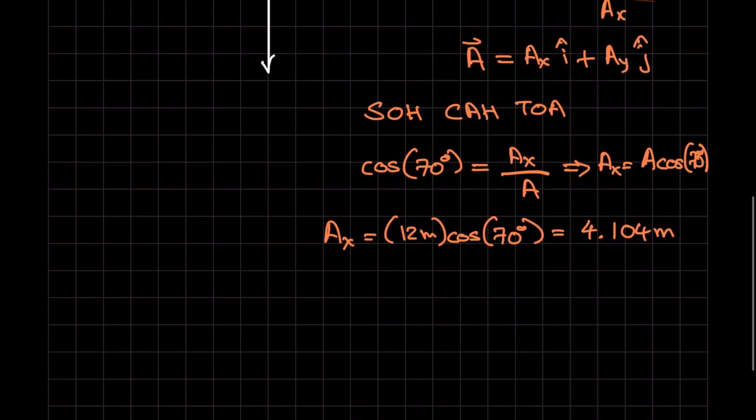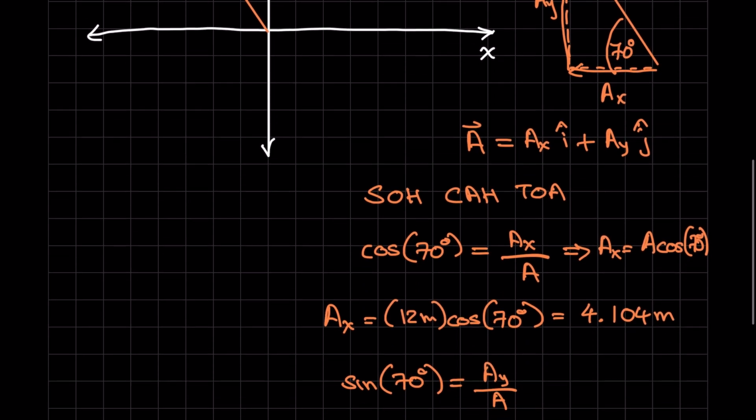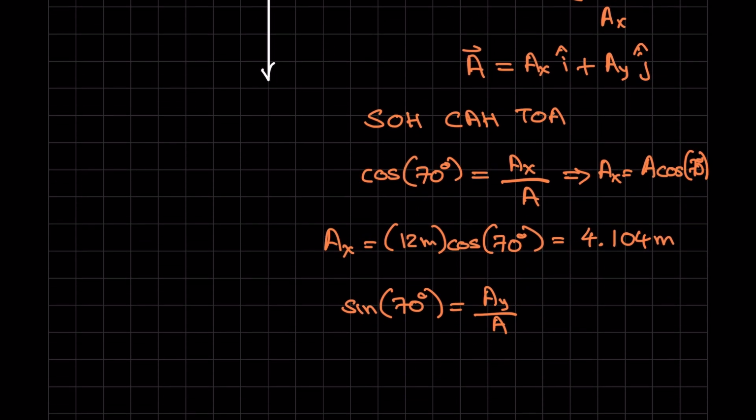So we found one component of this vector. We can find the other component, the ay component, using sine of the angle. Sine of 70 degrees is equal to ay over A. For this angle, opposite is ay, and the magnitude of A is its hypotenuse. Again, we can solve for ay, which is equal to A sine of 70 degrees.